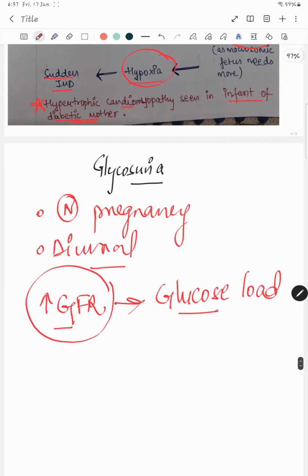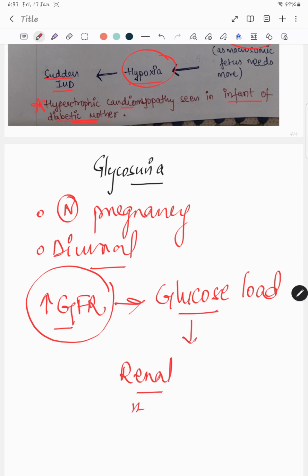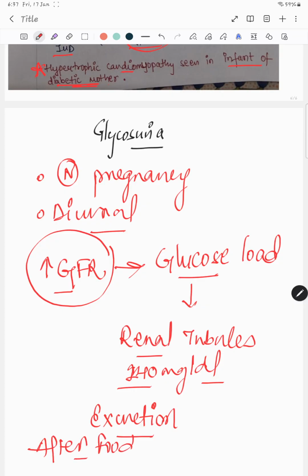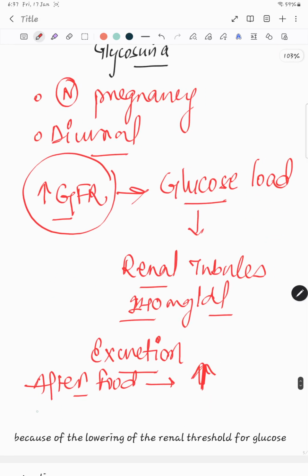But this glucose load is not properly absorbed, because the renal tubule reabsorption limit is 140 mg per dl. As the glucose is increased, the renal tubules will not absorb it all and some is excreted, leading to glycosuria in pregnancy. After food, this glycosuria will be more, and on waking up in the morning it is least.